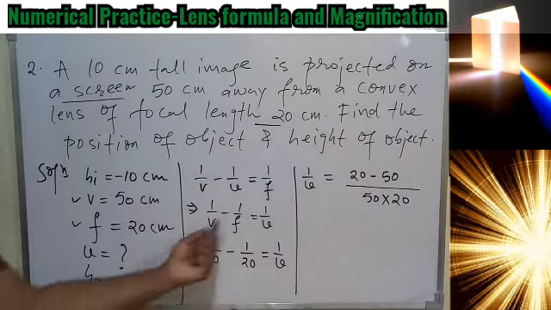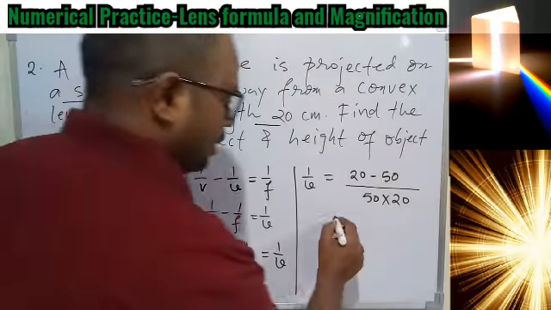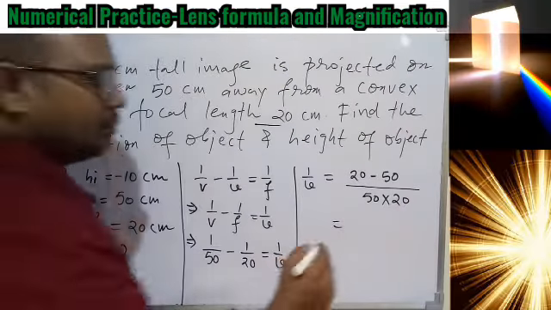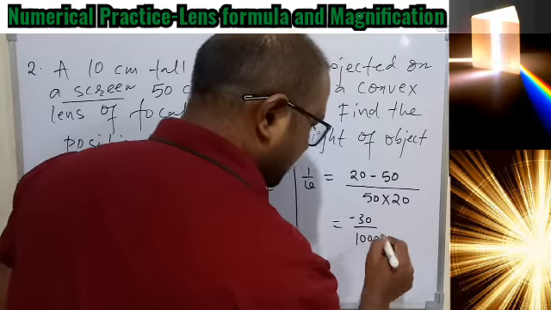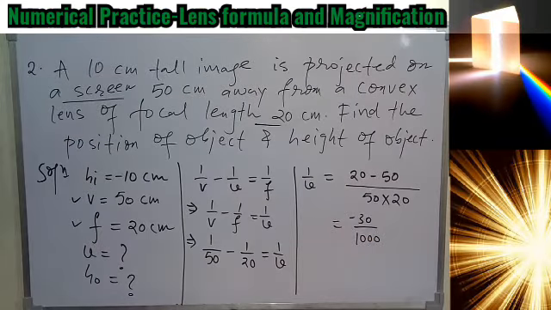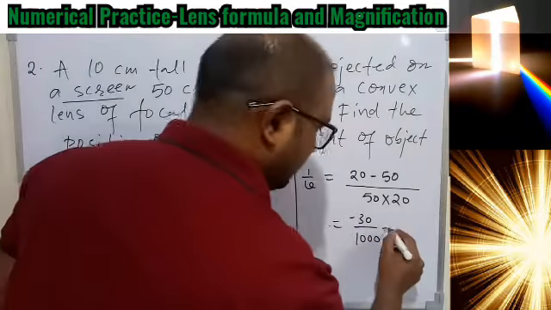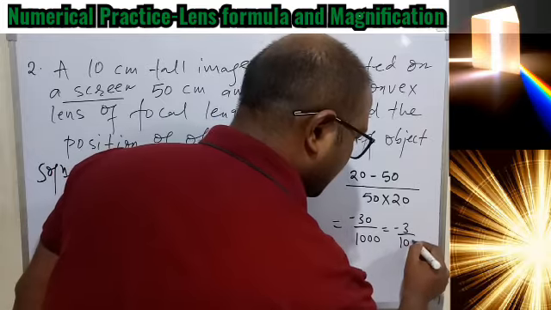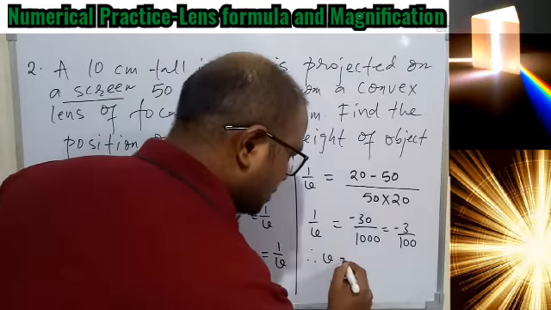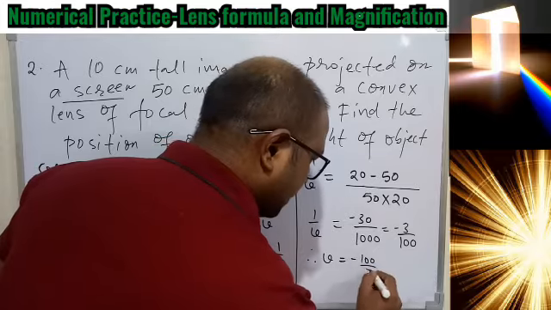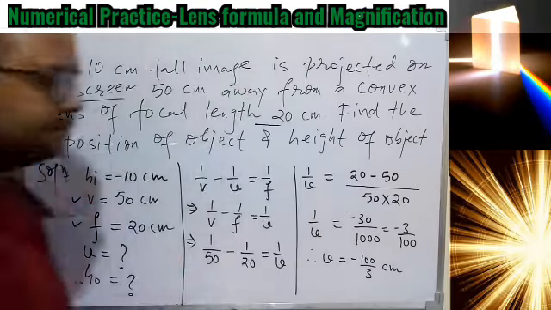So 20 will come this side, 50 will come the other side. So this will become minus 30 by 1000. That will become minus 3 upon 100. So this is 1 by u. Therefore u must be minus 100 by 3 centimeter.